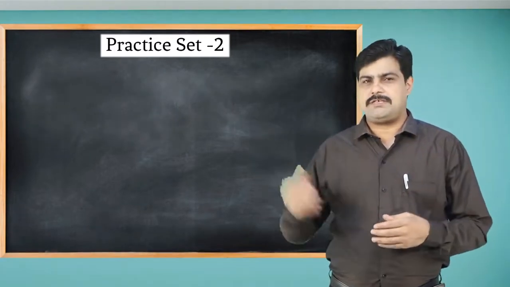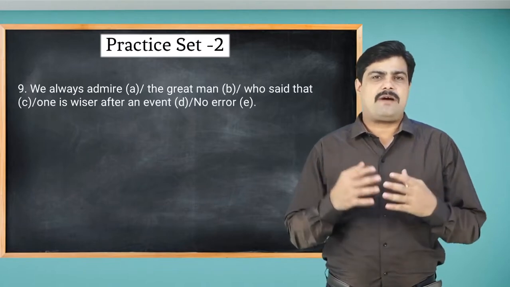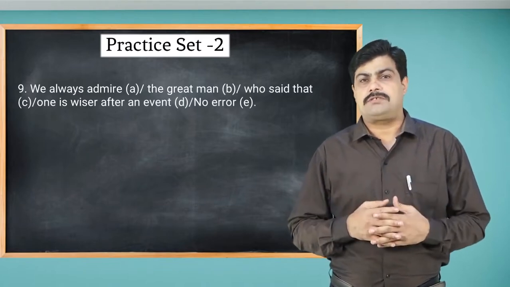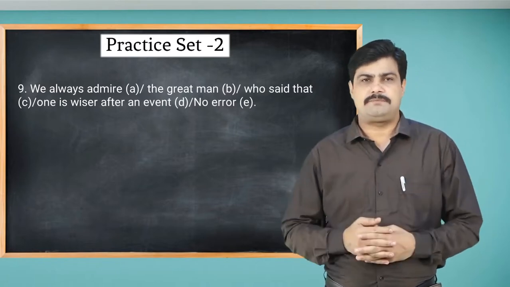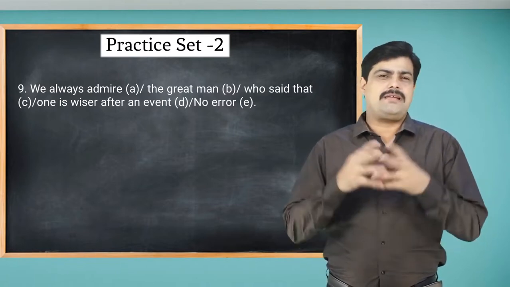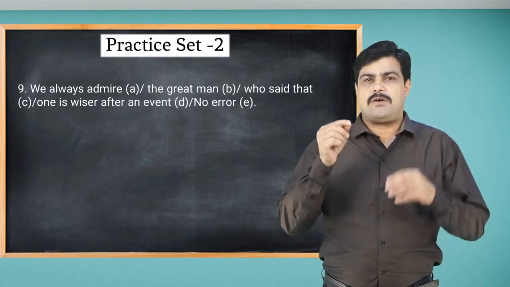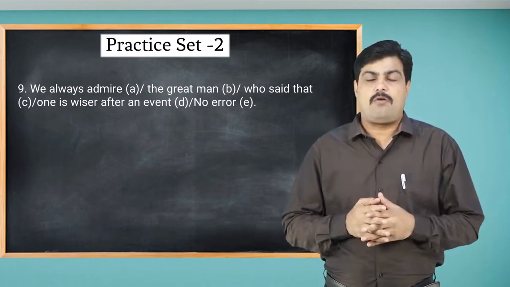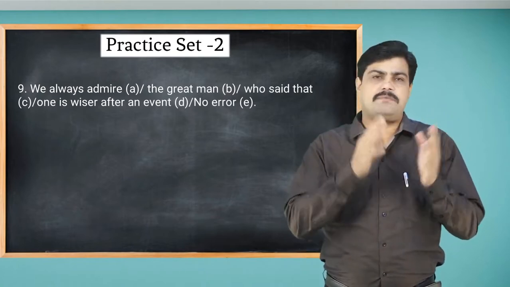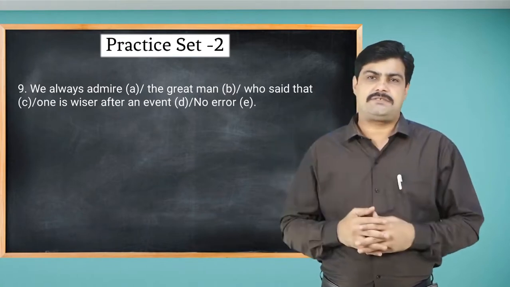Let's take another sentence that is on the screen, you see. We always admire the great man who said that one is wiser after an event. Well, it is tricky. You know that when we talk of a statement or sayings of some great person, we always use present indefinite tense.